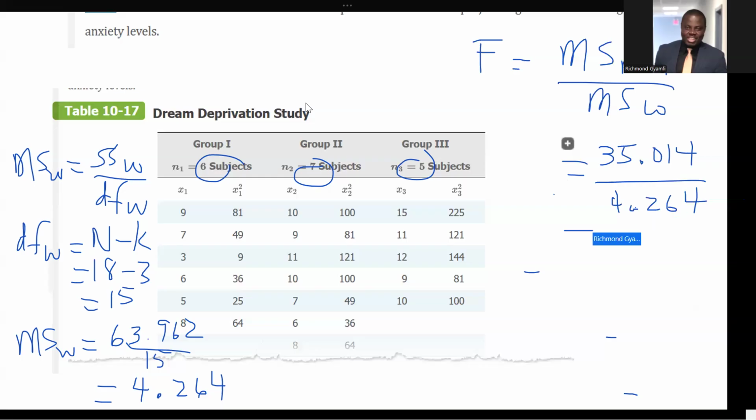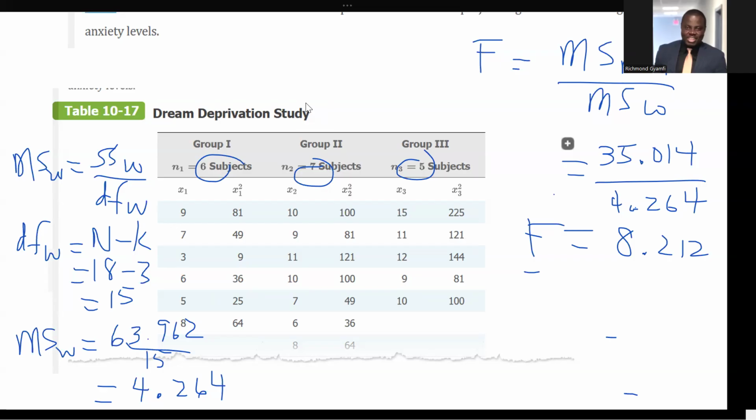And this should give us, let's see, 35.014 divided by 4.264, and that is going to give us 8.212 for our F. So our F ratio or F statistic is going to be 8.212.